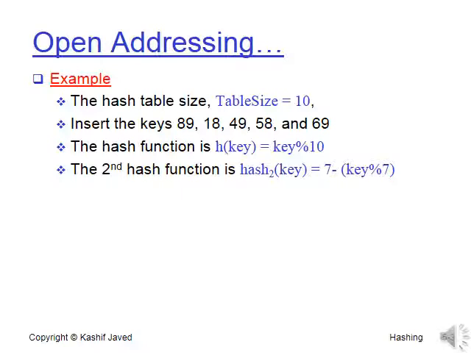The hash function h of key equals key mod 10. The second hash function equals 7 minus key mod 7. Please note here that r equals 7, and we have picked a prime number.